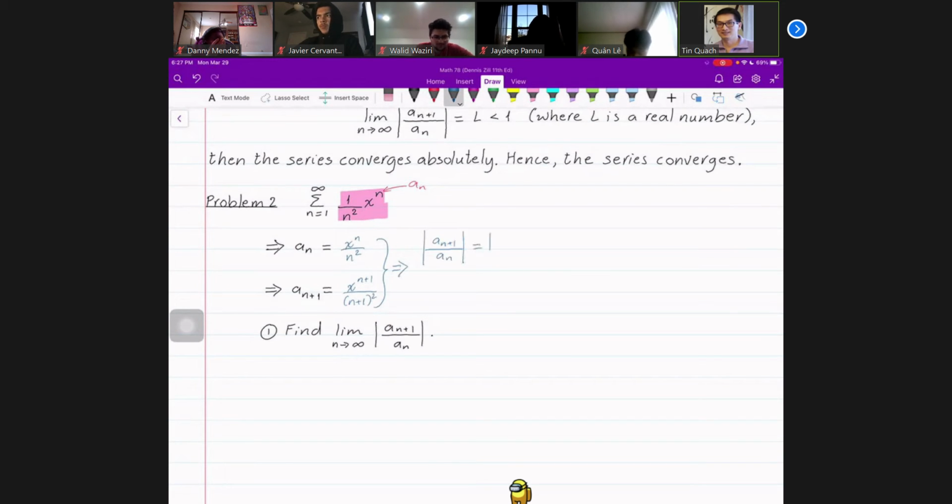It's going to be, so a sub n is x to the n plus 1 over n plus 1 quantity squared. Now, when you divide by a sub n, that is the same as dividing by this. But when you divide by that is the same as multiplying by the reciprocal.